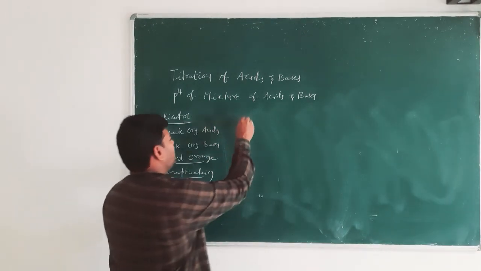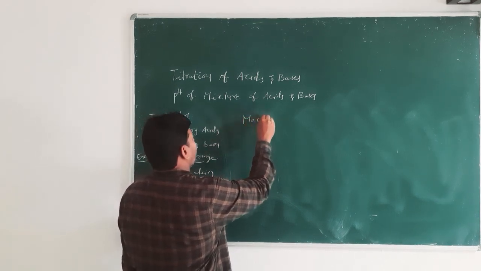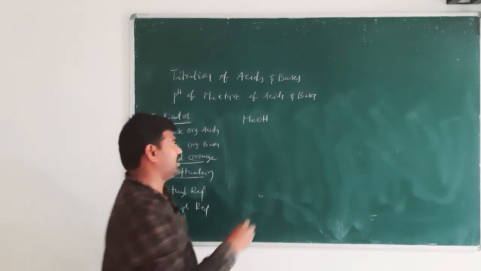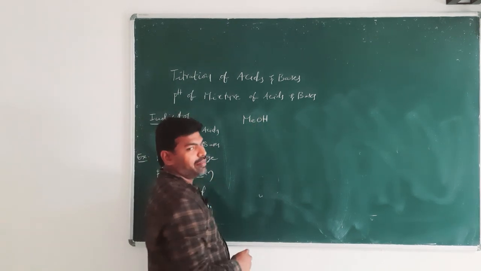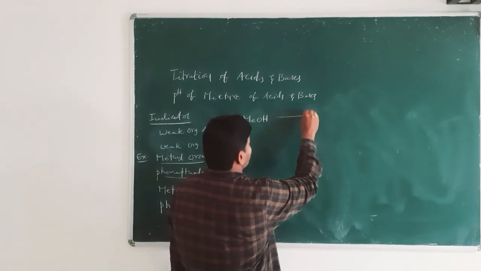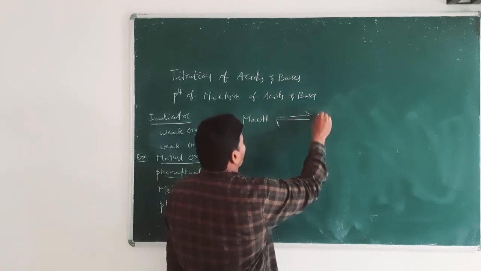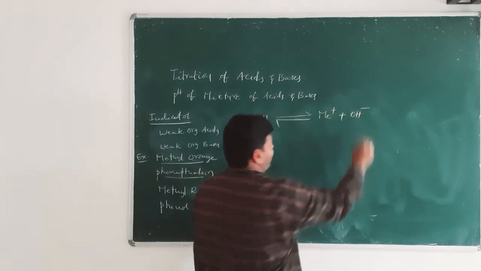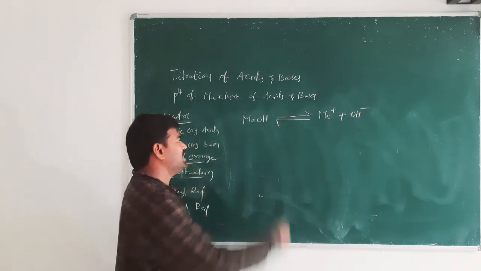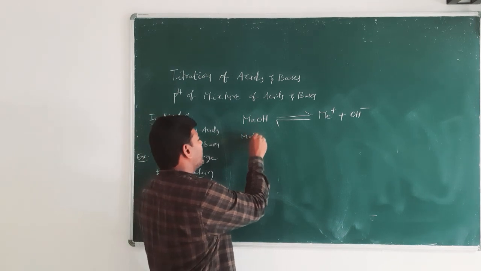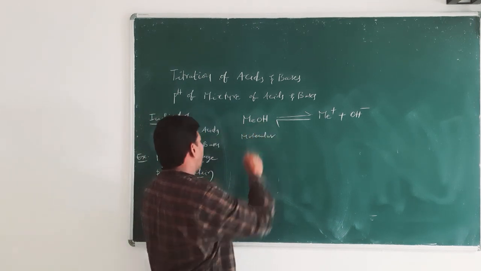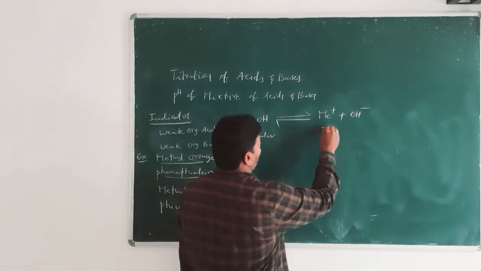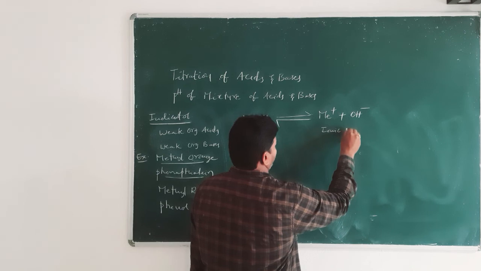Methyl orange is denoted by MeOH, a weak organic base, and there exists an equilibrium between Me+ and OH- ions. This is the molecular form of methyl orange, and this is the ionic form of methyl orange.